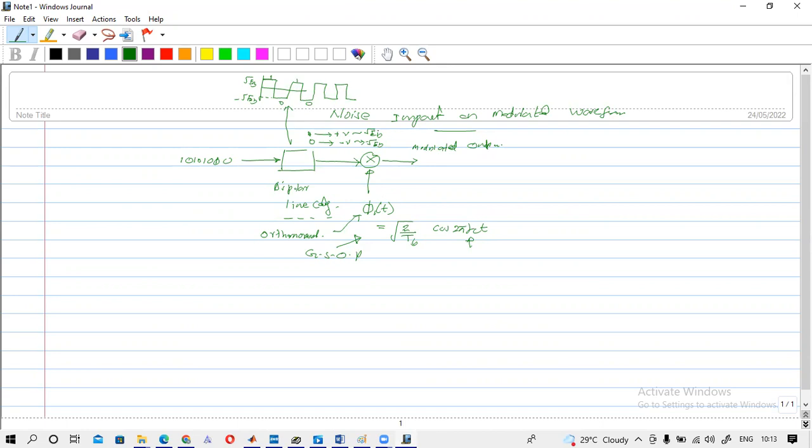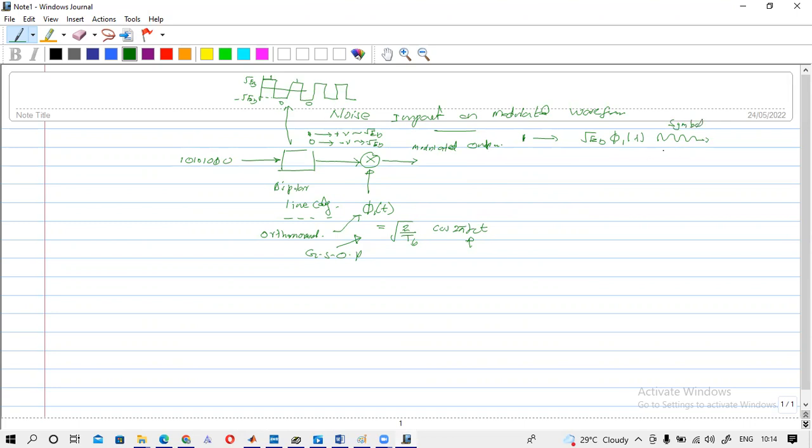So this is a product modulator. Now you multiply this basis function by this voltage value. For 1 you will get root E_b phi_1(t). This is the waveform, or symbol, for 1.